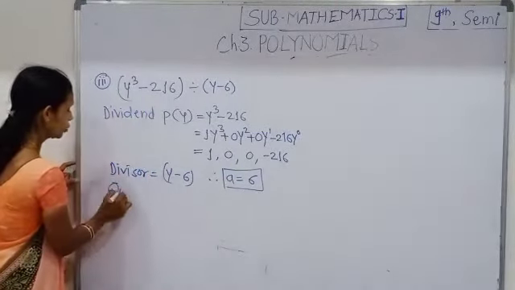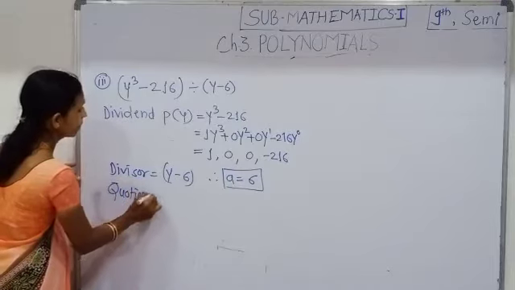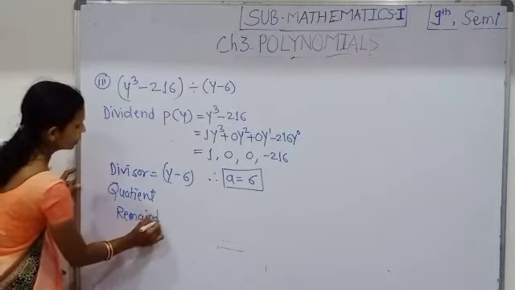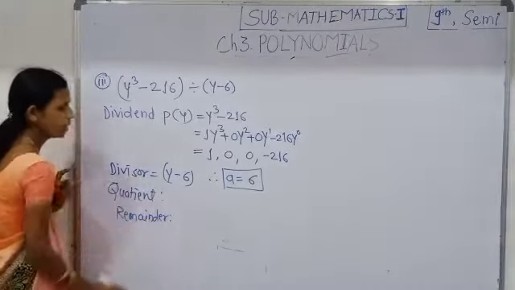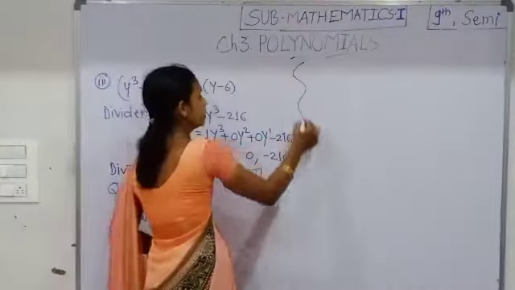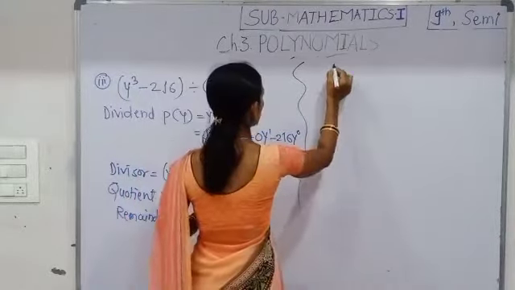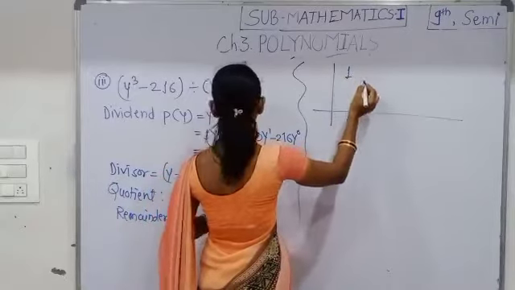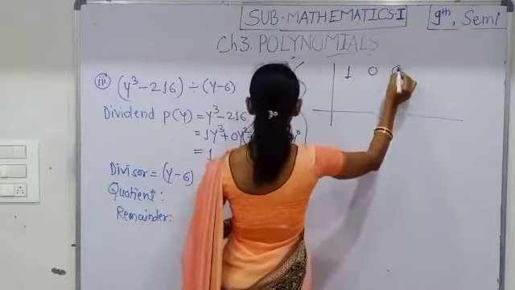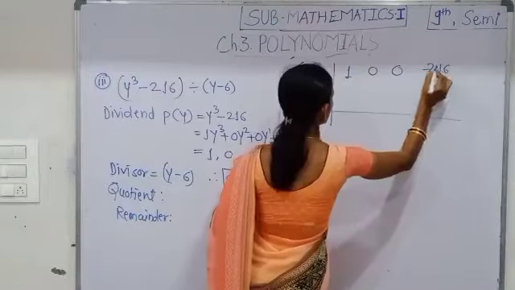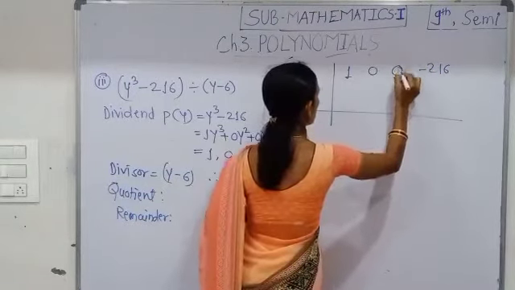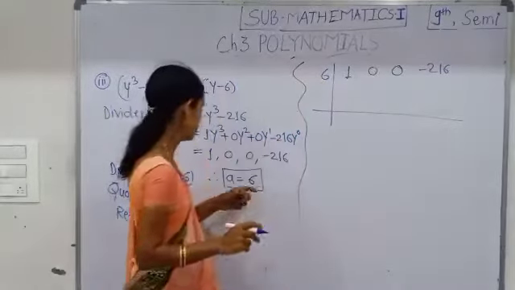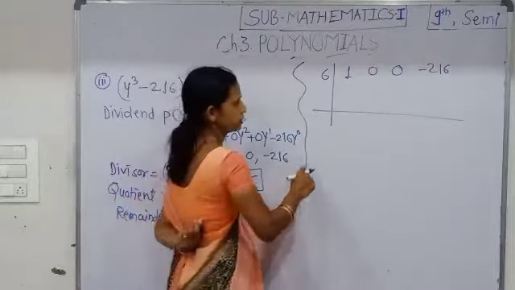And then we get the quotient and remainder after solving this example by the synthetic division method. Then we write the coefficients of the polynomial given in the dividend, that is 1, 0, 0, minus 216, which we have to divide by 6.